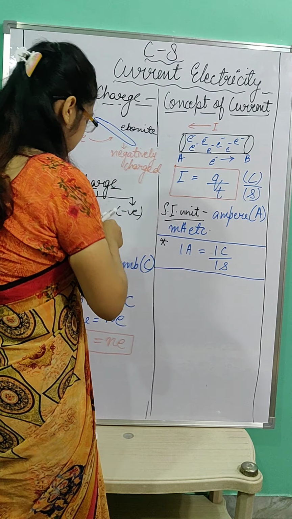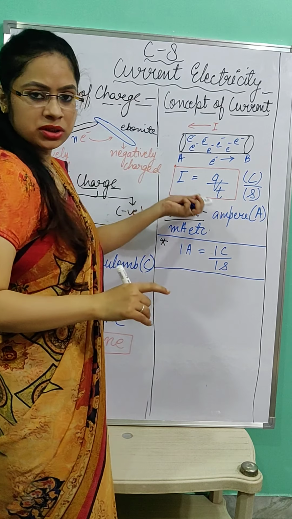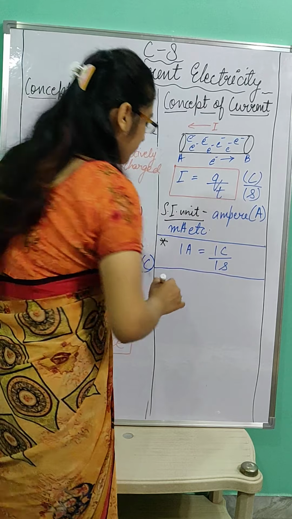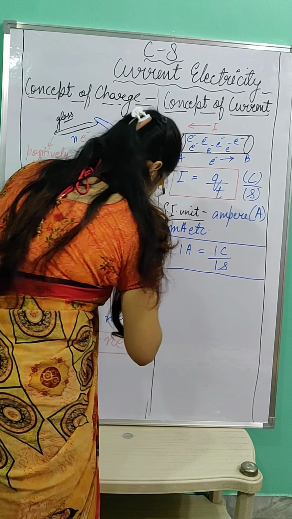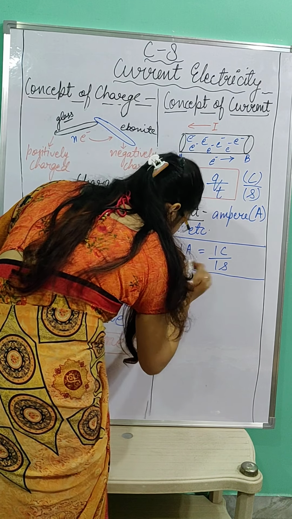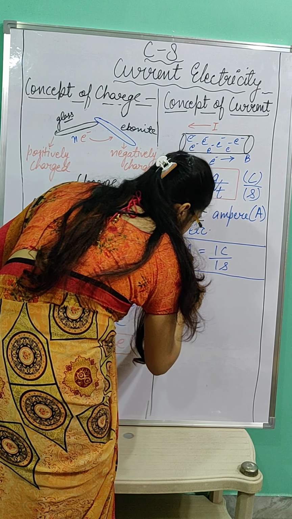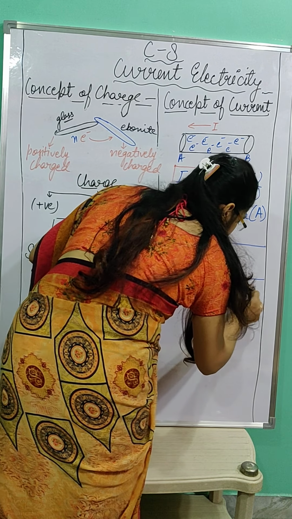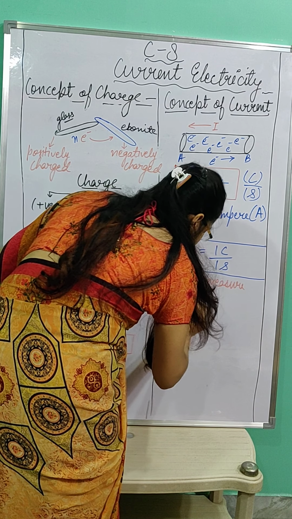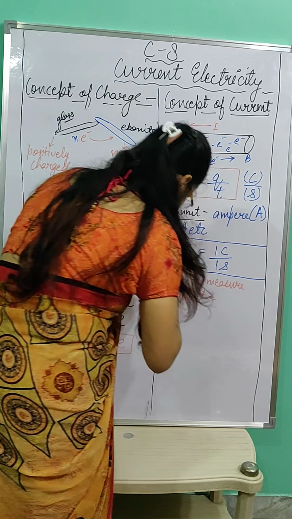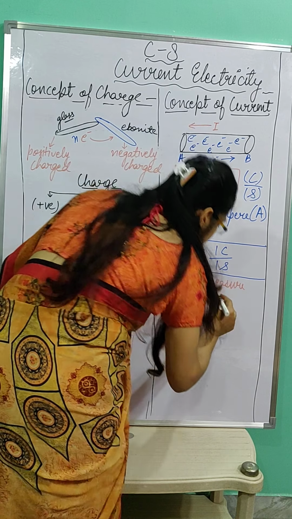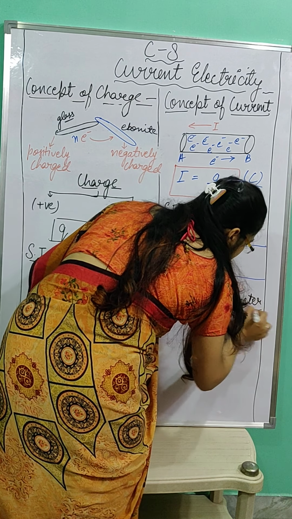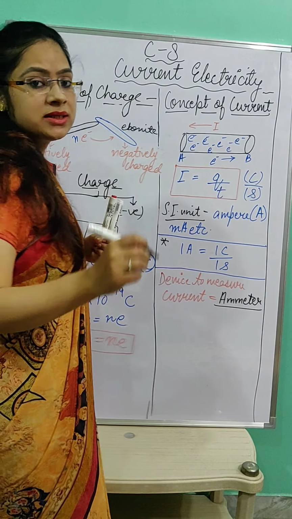Now, a device that is used to measure the amount of current flowing in any conductor or in any wire is the ammeter, that you have already studied. Now, an ammeter is always joined in series.